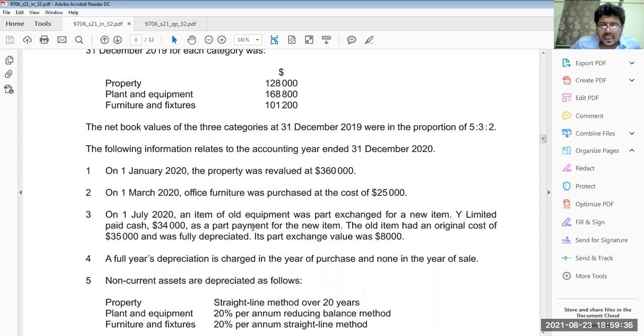The old item was gone, and we paid 34,000 as a part payment for the new item. The old item had a part exchange value of 8,000. So if we are paying 34,000 and 8,000 is the discount for the old one, it means the new addition was 42,000.